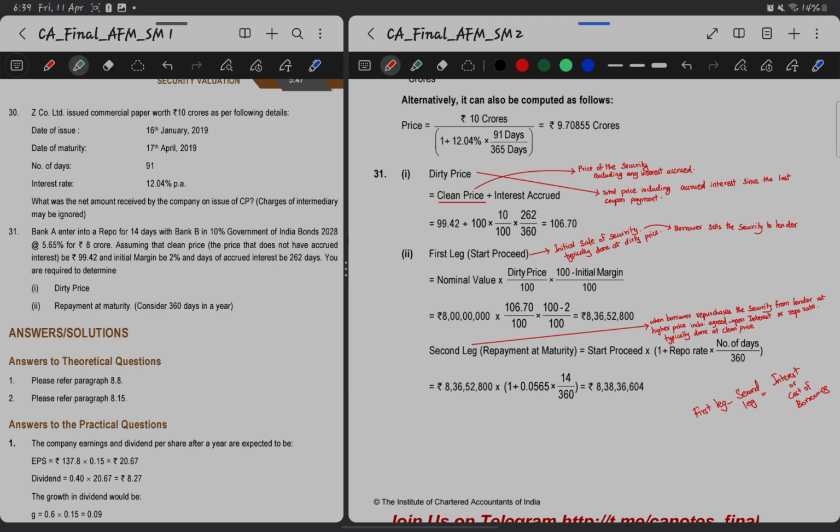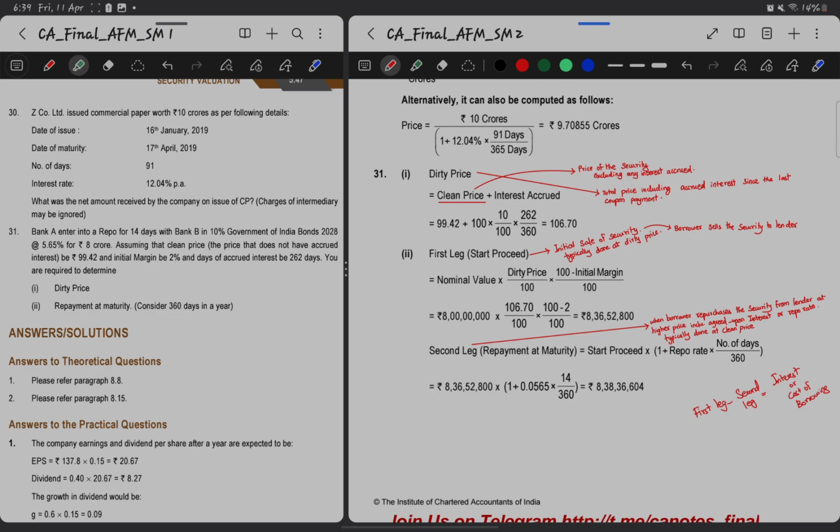Now, let's see what this dirty price is. When a bank enters into transactions, in case of repo and reverse repos, the dirty price will be the price of the security including the interest accrued since the last coupon payment.